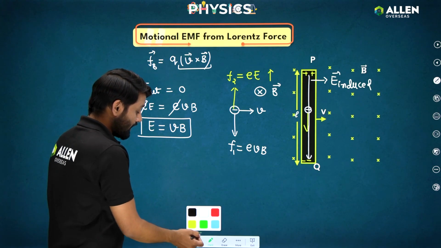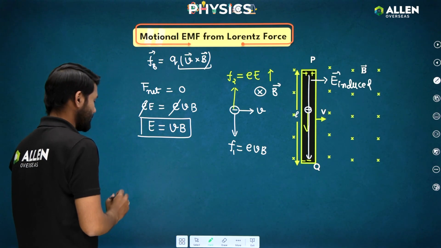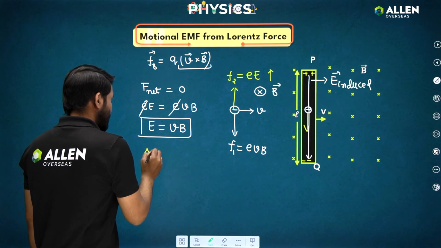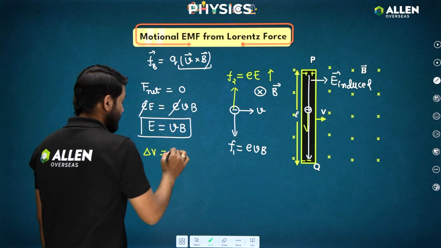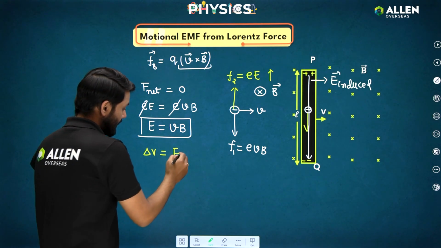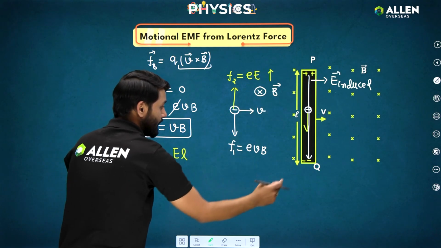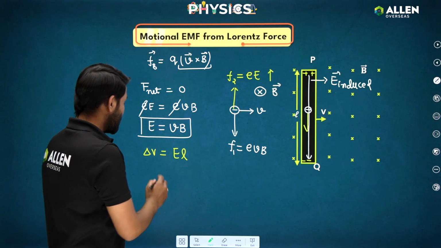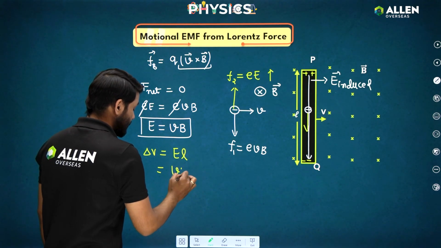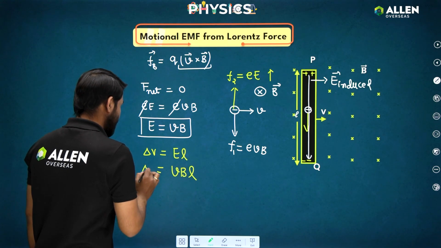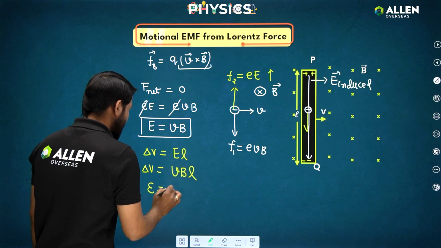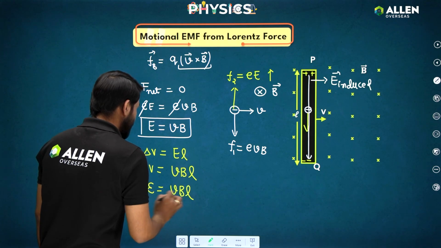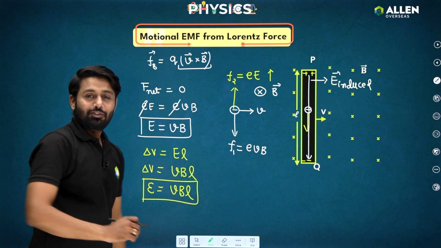What is the relation? The relation is delta V is equal to E into L, right students? The length is L. So E is VB and the length is L.